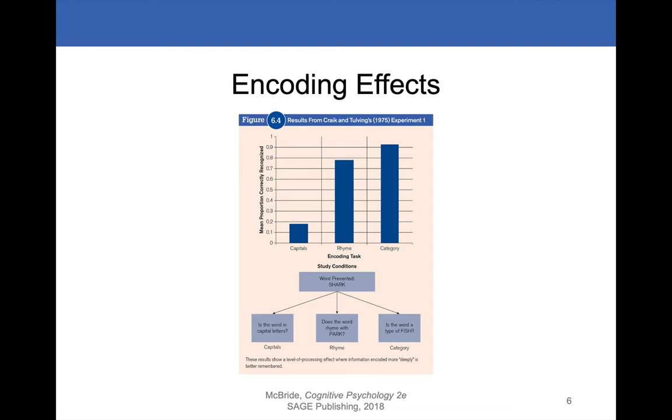If you look at this particular slide, each subject was given one of three tasks, or one of three ways of encoding words. One was to encode whether or not the word was in capital letters.